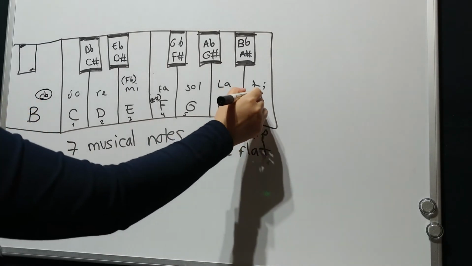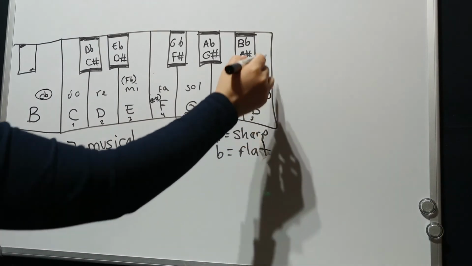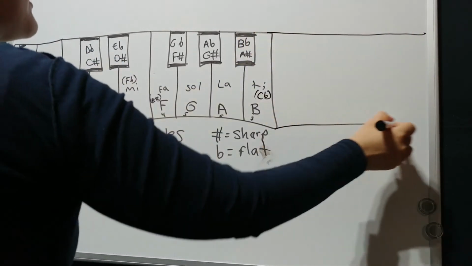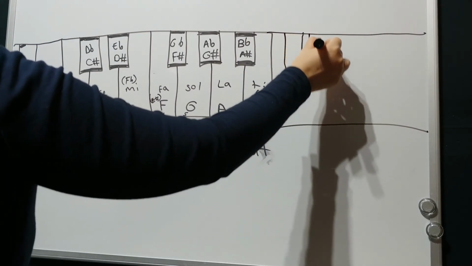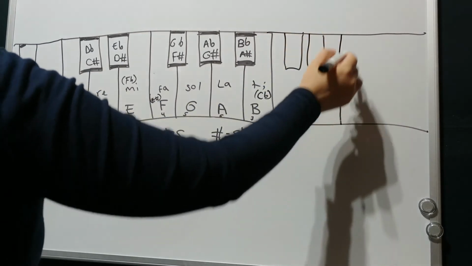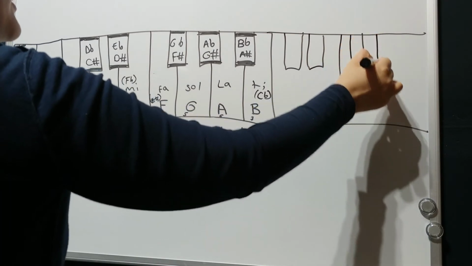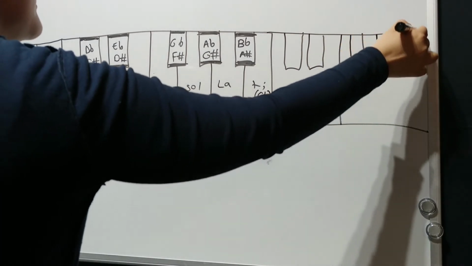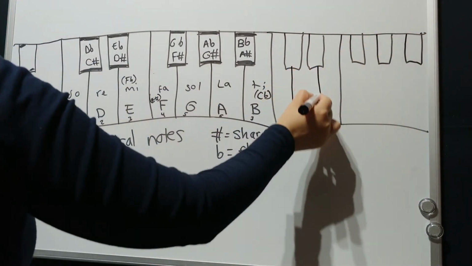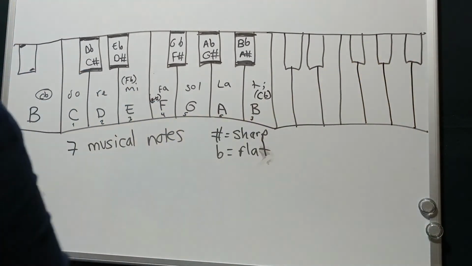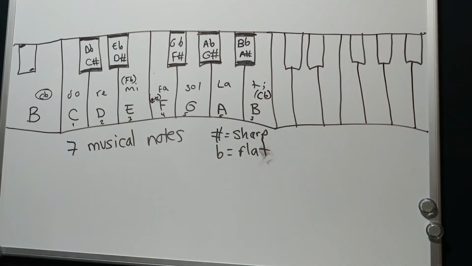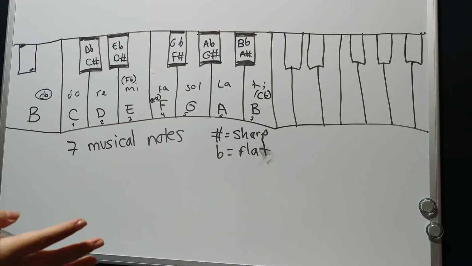Therefore, I can call this one C flat. Like, let's say I construct another keys over here. So I'll put it over here.